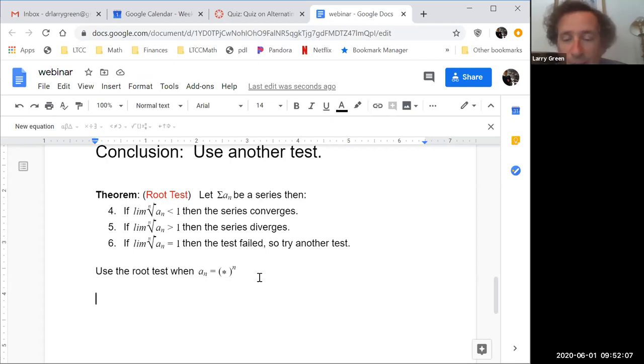So that's the whole point of the root test, it allows us to undo powers. Any questions on that? If you don't have an nth power, don't do the root test, because those limits are horrible. But if you have an nth power, it usually, but not always, works.